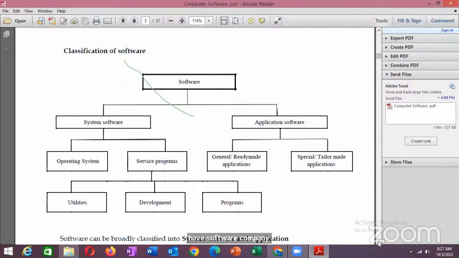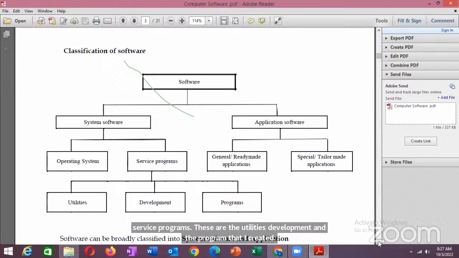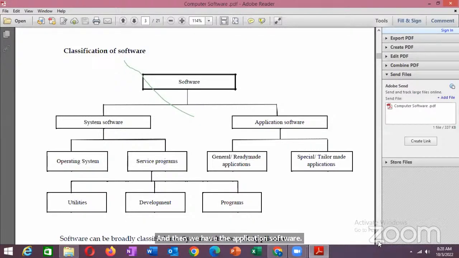Now, computer software is classified into two major classes: system software and application software. Looking at system software, we have operating systems and service programs, which are the utilities, development, and the programs that are created. Then we have application software: general or ready-made applications, and special purpose, tailor-made applications.